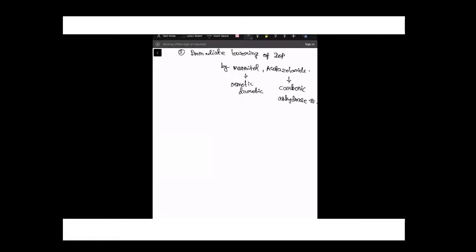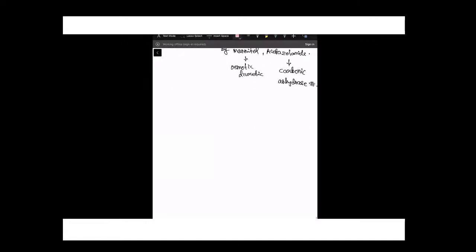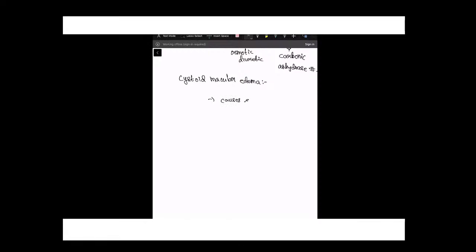Next we have cystoid macular edema. The macula gets edematous, causes slow, painless loss of vision.